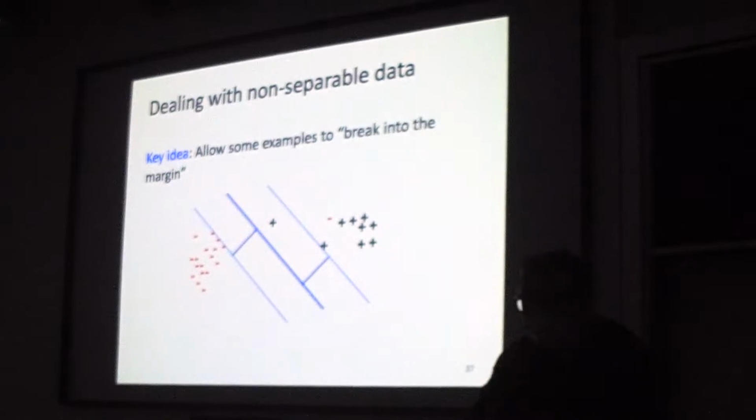Now it leads to the most commonly used SVM formulation, which is called soft SVM. As the name suggests, it allows some examples to violate the linear separability.